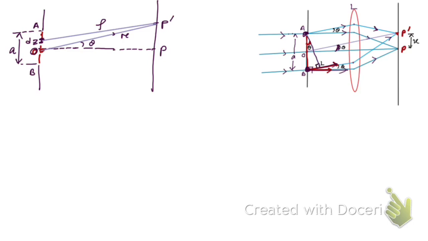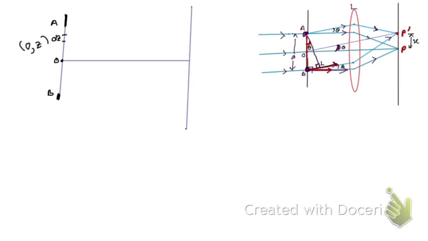Let me make the diagram large. So here is the slit AB, this is the wave front. We have taken a very small element dz, and this is at a distance z from this O. So let us consider the coordinate of this is 0 comma z.